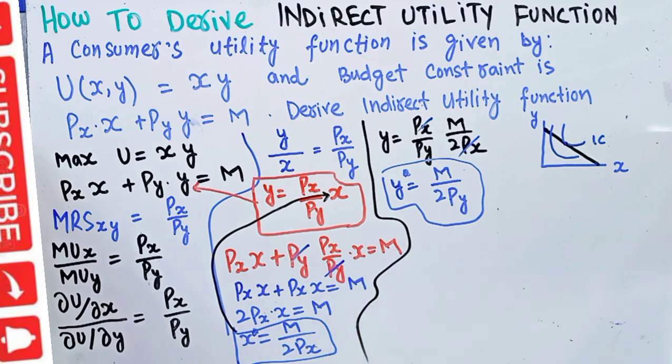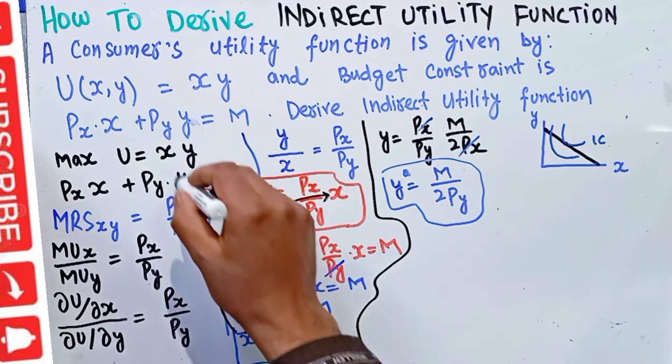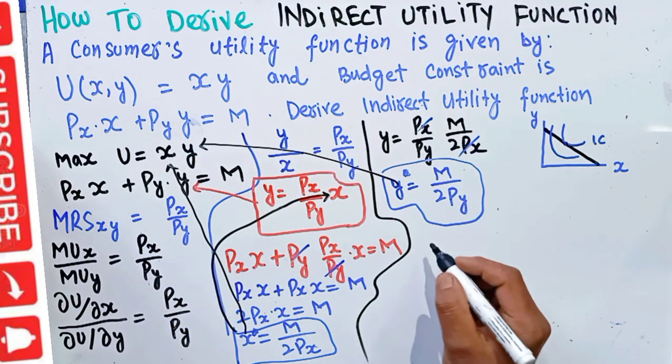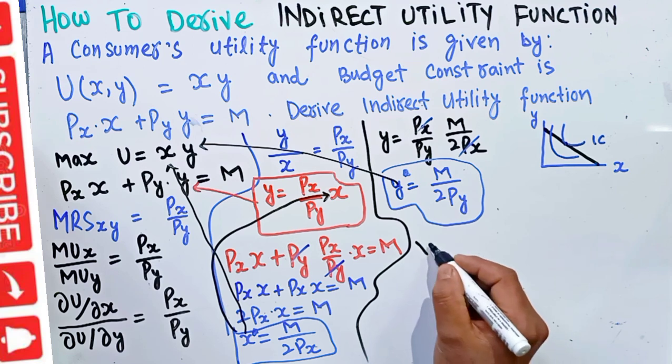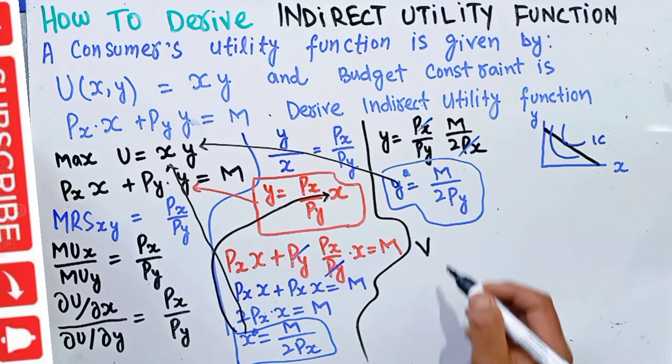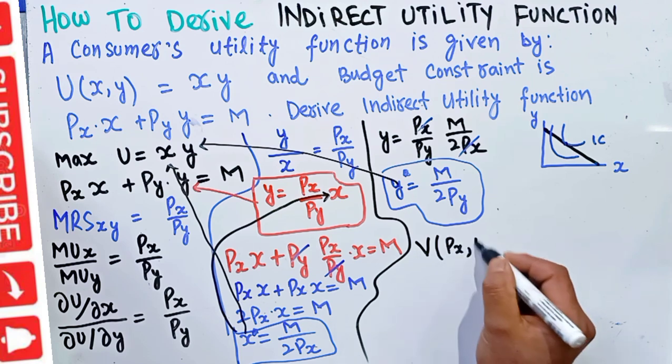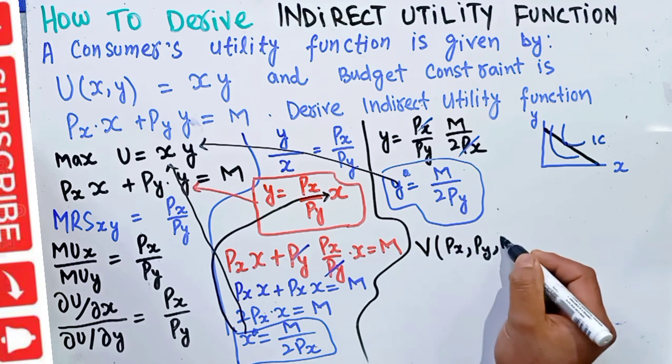Now to calculate the indirect utility function, what will we do? We will plug the optimal values of good x and good y back into the utility function. So our indirect utility function, let's denote it by v, will be a function of the price of good x, the price of good y, and the income of the consumer.